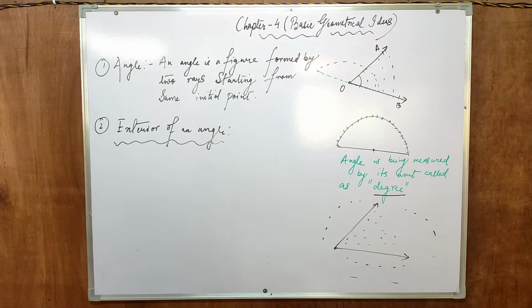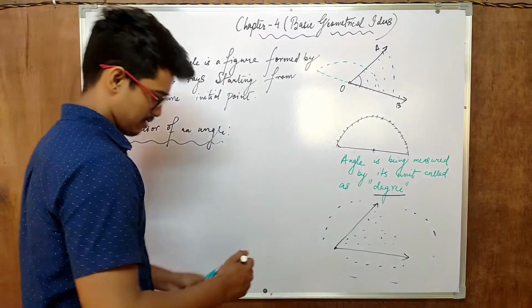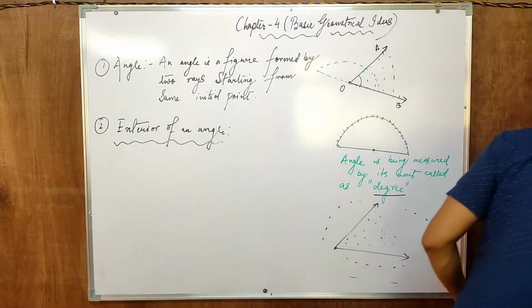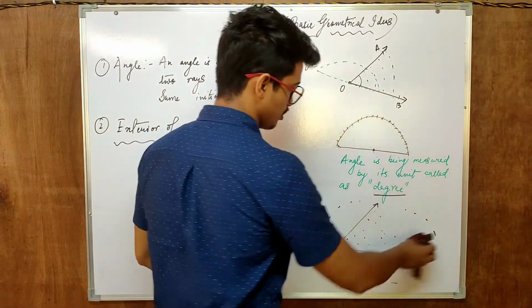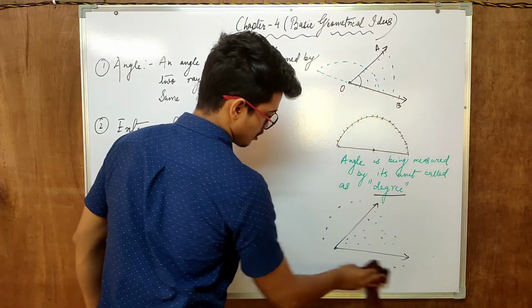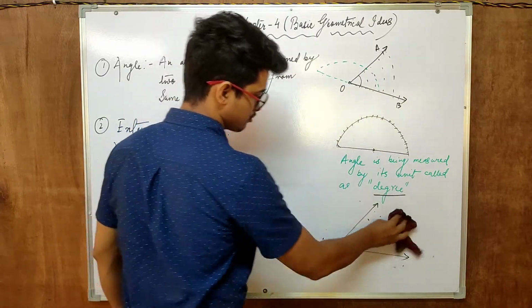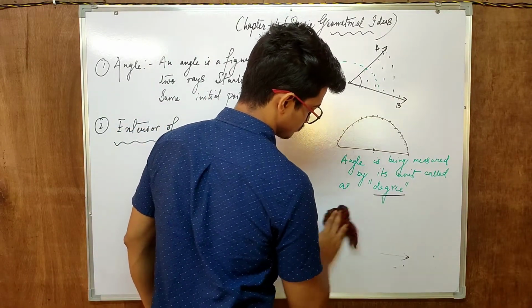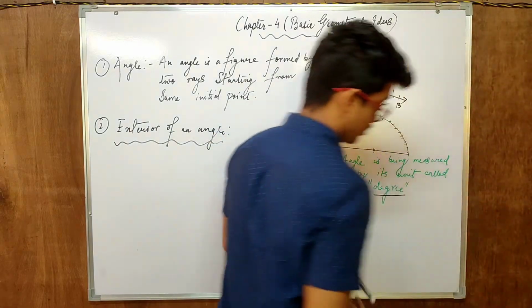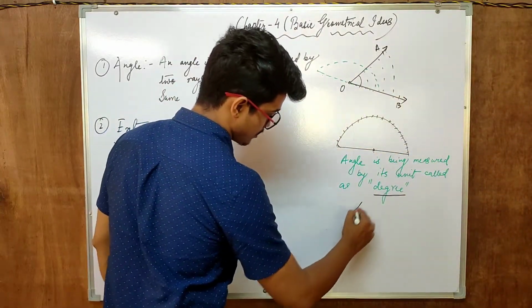Alright, so exterior of an angle is nothing but, let's say, I'm just removing these dots to make it much clearer to you. Let's see. Alright, so now this is the angle that is being formed.